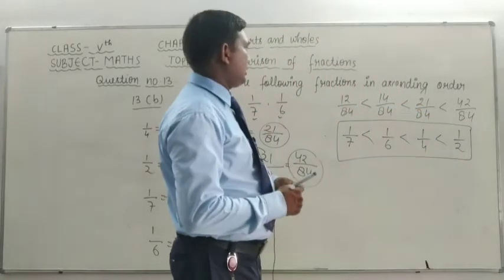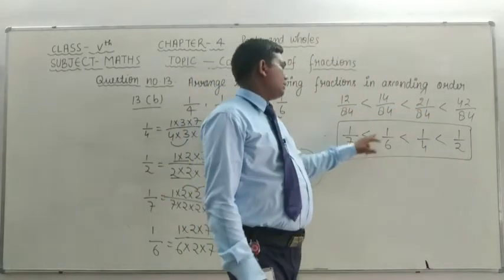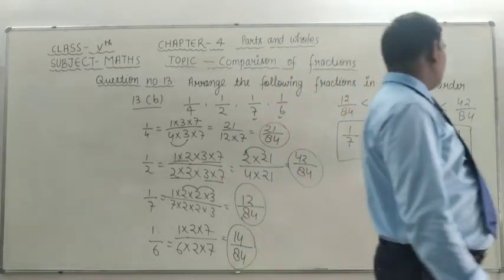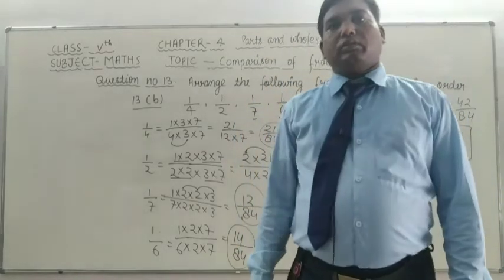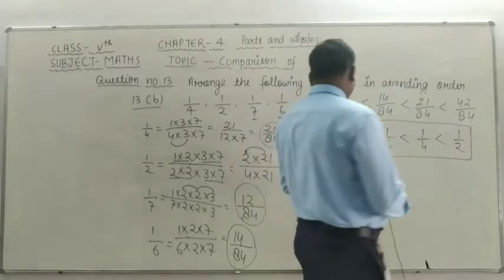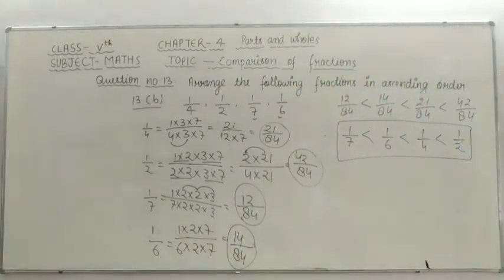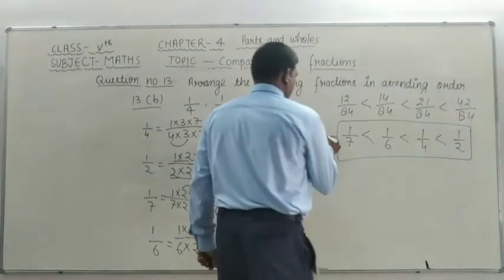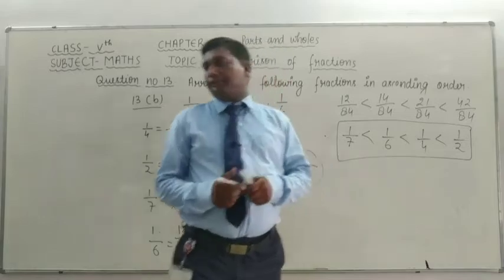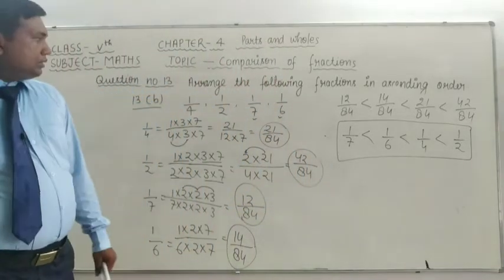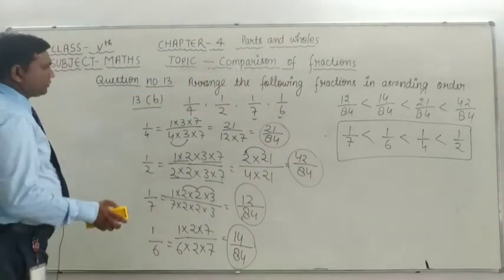Then the ascending order is 1 over 7 is less than 1 over 6 is less than 1 over 4 is less than 1 over 2. Okay? Similarly, we can solve all the given questions.